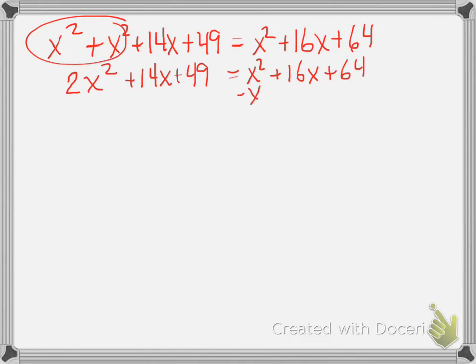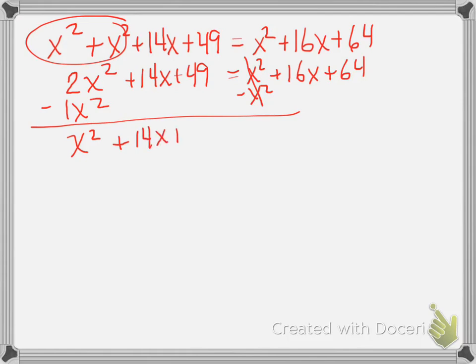I'm going to take my x squared and move it over to get rid of it on the right. I'll have x squared, because 2x squared minus 1x squared, remember that's a 1, makes x squared, plus 14x plus 49. And on the right hand side I have 16x plus 64 left.